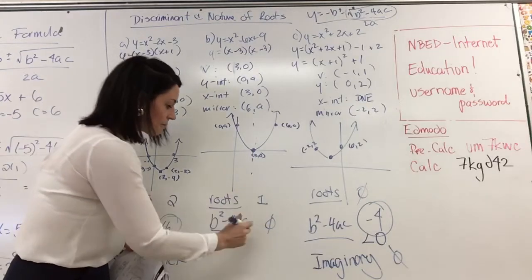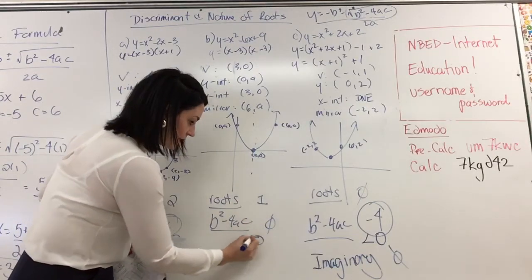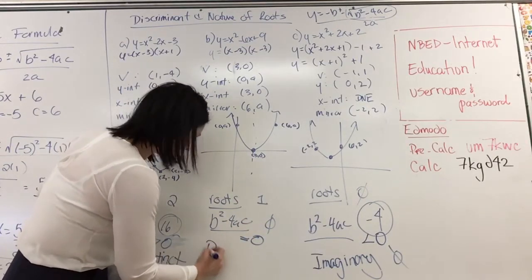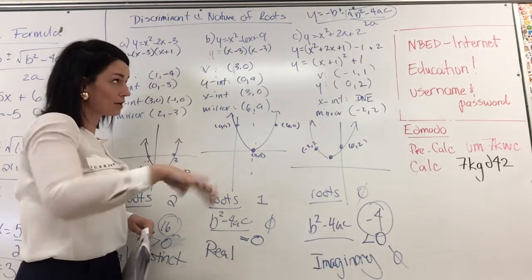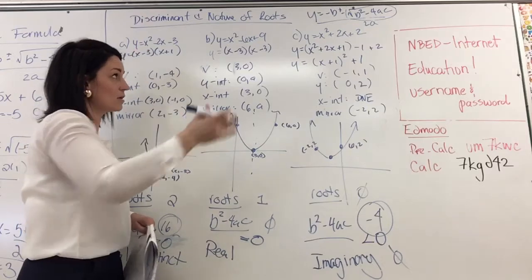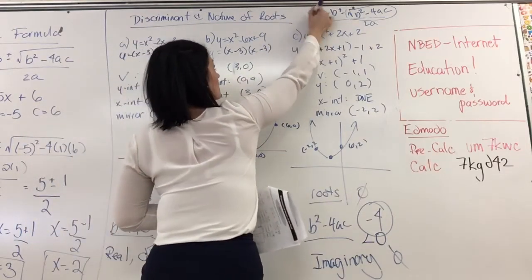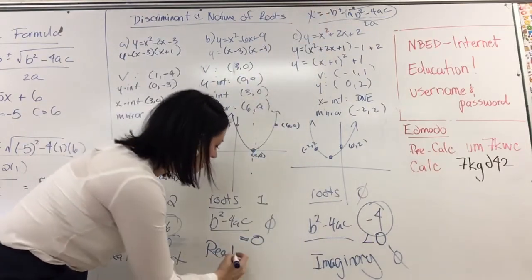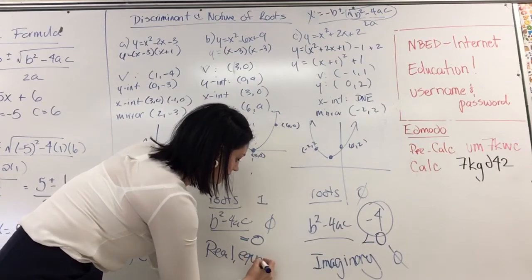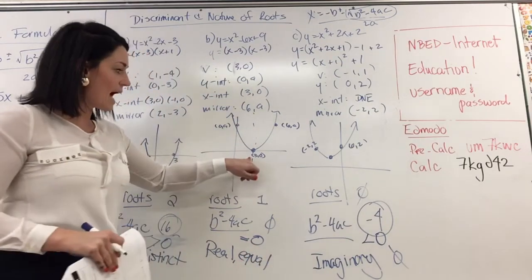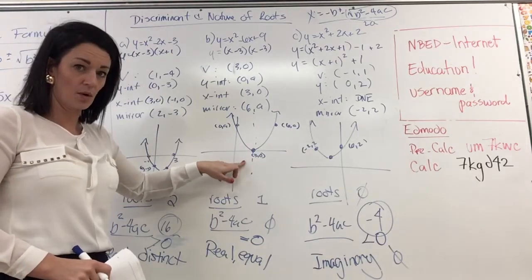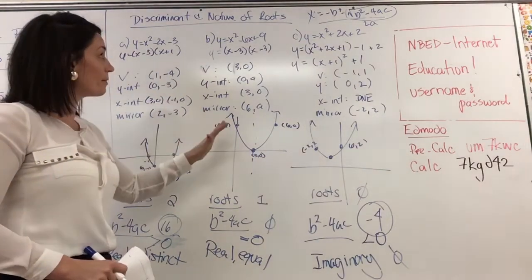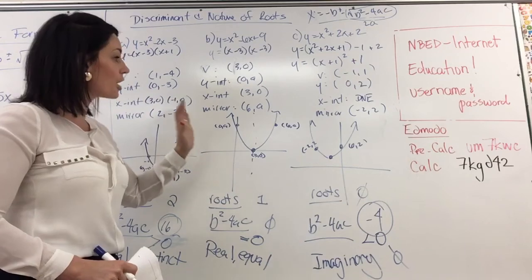Then if my discriminant equals 0, my roots are still real. I don't have anything underneath the radical, so they're real, but they're equal, because I have 2 roots that are both at 3. So this is the discriminant and the nature of the roots.